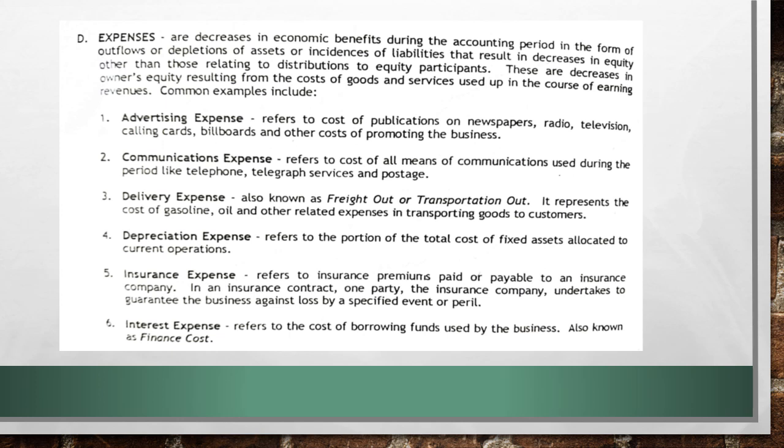For the depreciation expense, earlier, all the fixed assets subject to depreciation like buildings and equipment, we need to compute the annual depreciation expense. Insurance expense refers to insurance premiums paid. Interest expense, those are costs of borrowing funds, also known as finance cost.